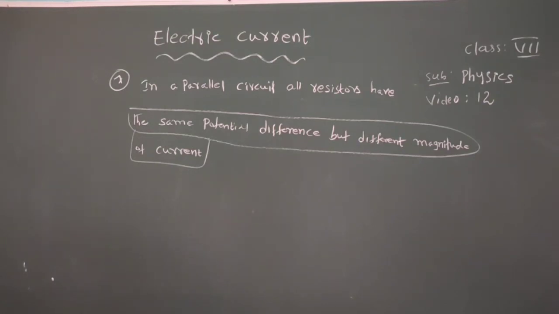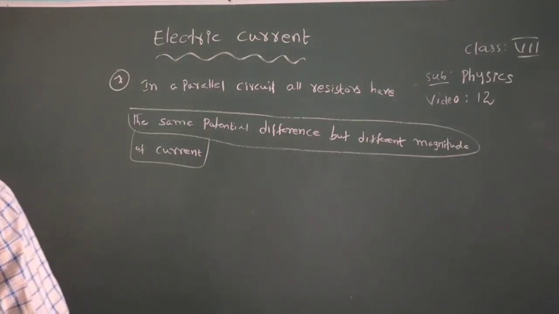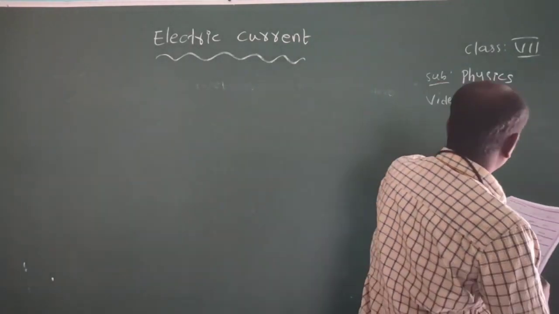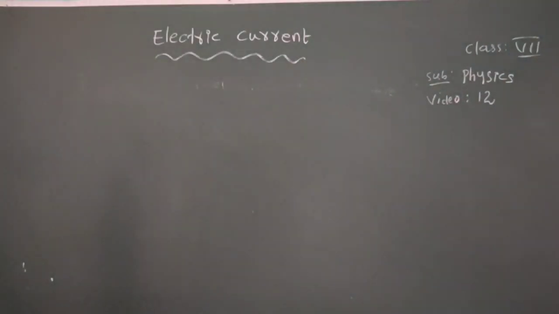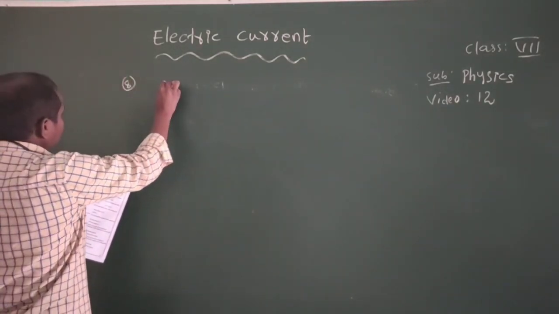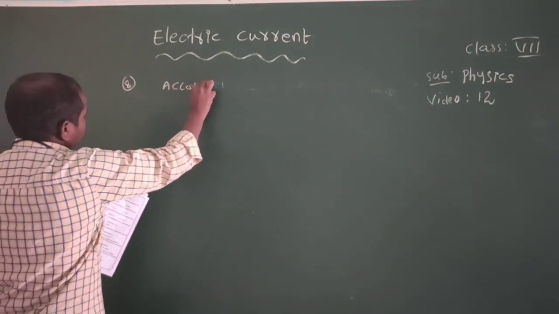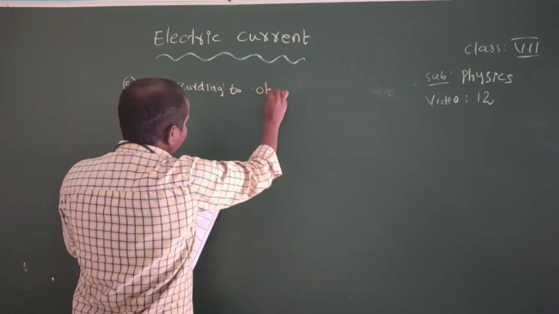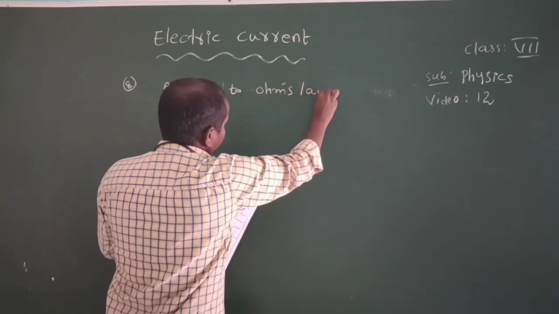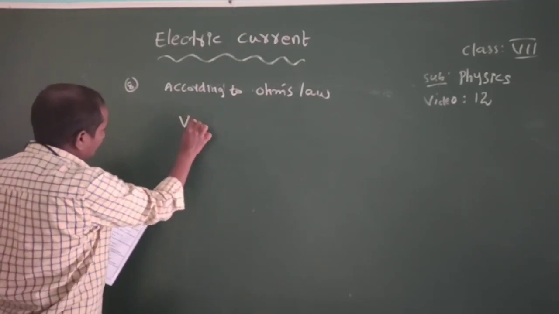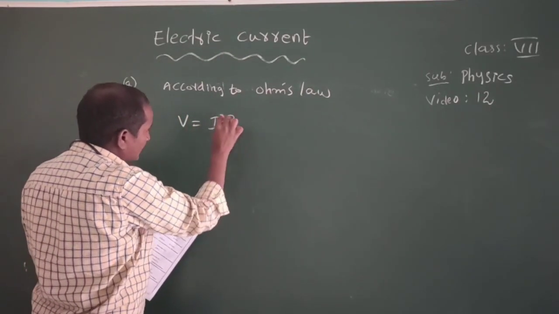Okay. According to Ohm's law, question number 8. Here we know that V equal to IR.